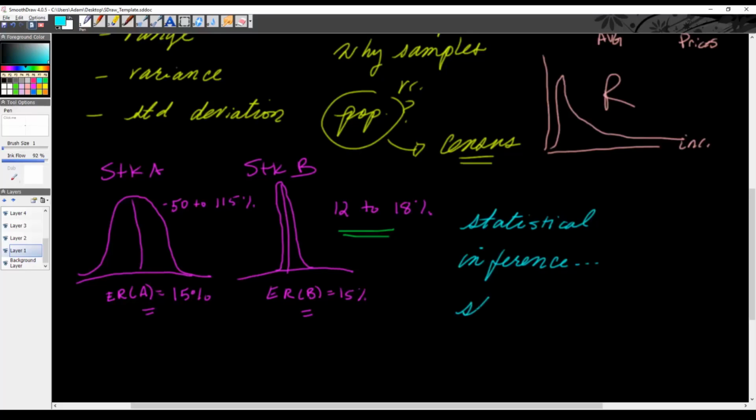Next, statistical estimation. So what is statistical estimation?